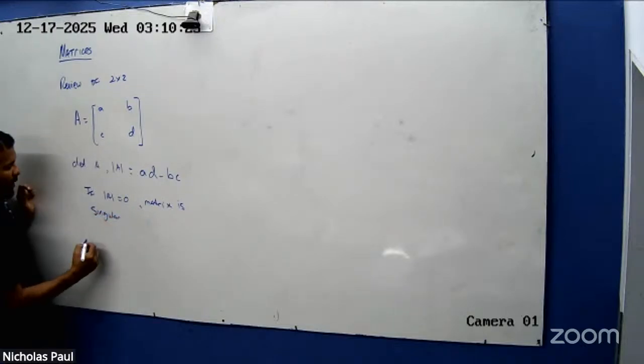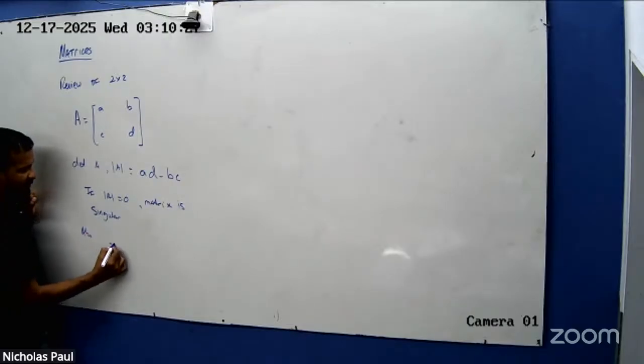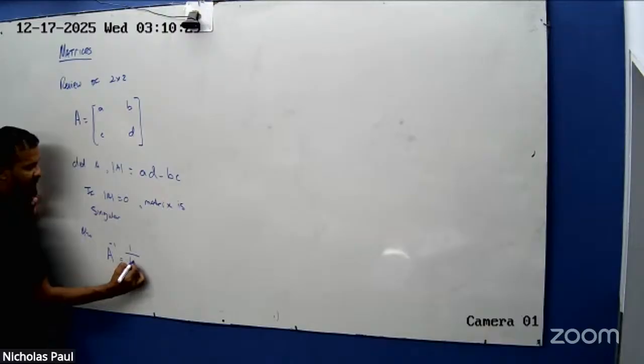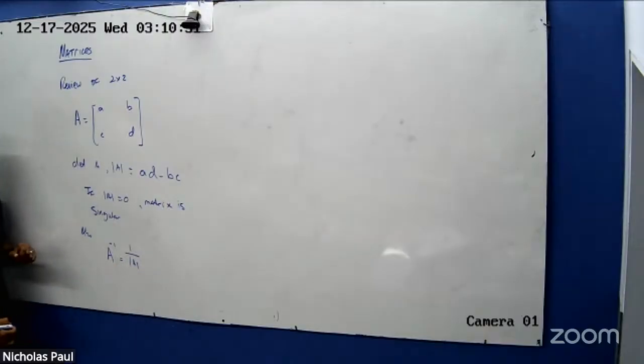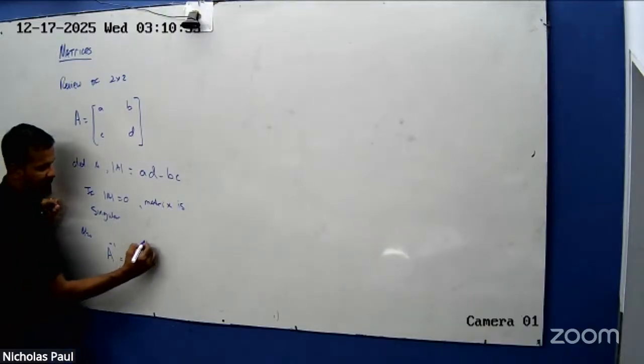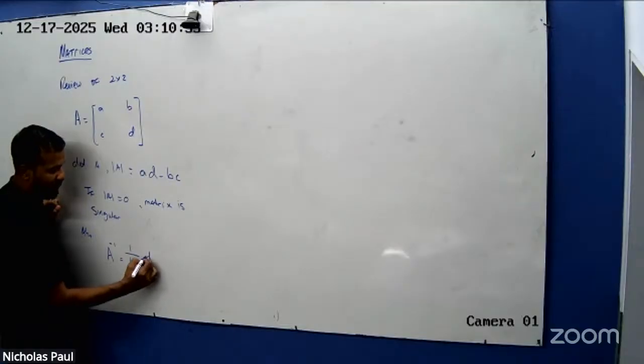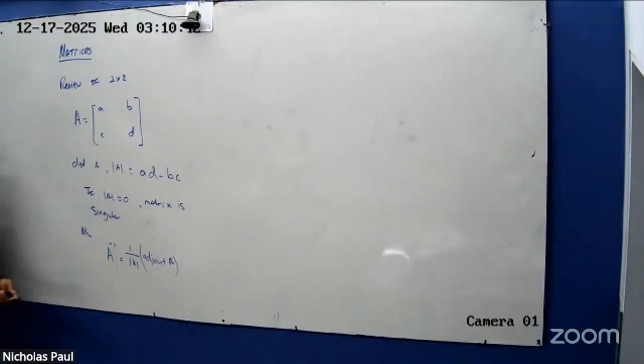And then how do we find the inverse? The inverse is 1 over the determinant of A, times something called the adjoint of A. I know you didn't really pay attention to that word in Form 5, but now we have to know what adjoint means.